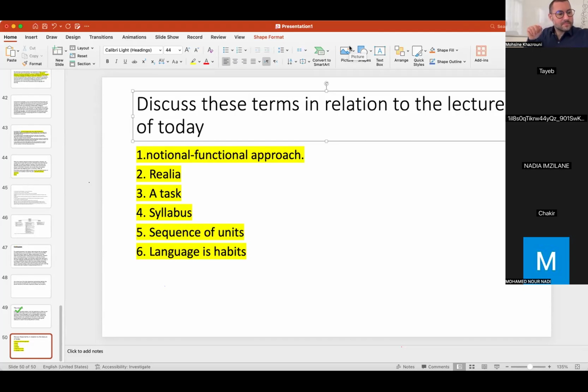And it breaks them down into notion, meaning the concept that will be talked about, like time, frequency, movement, and function, meaning the communication purposes like describing, requesting, or agreeing.